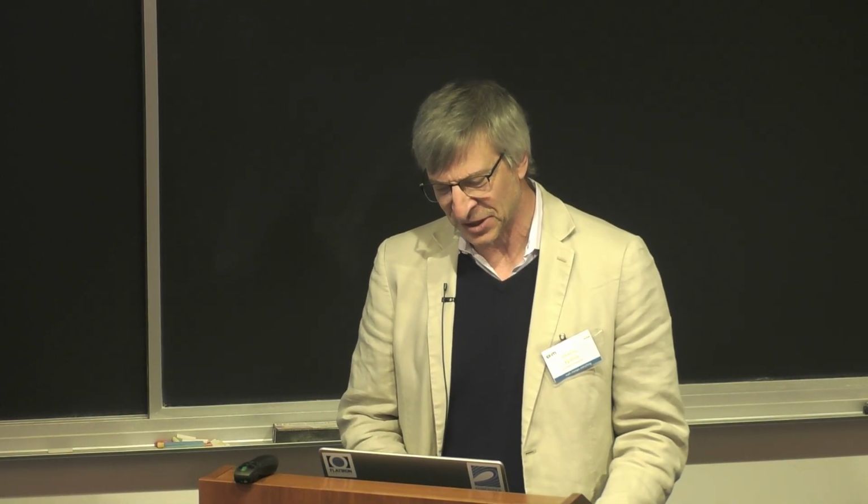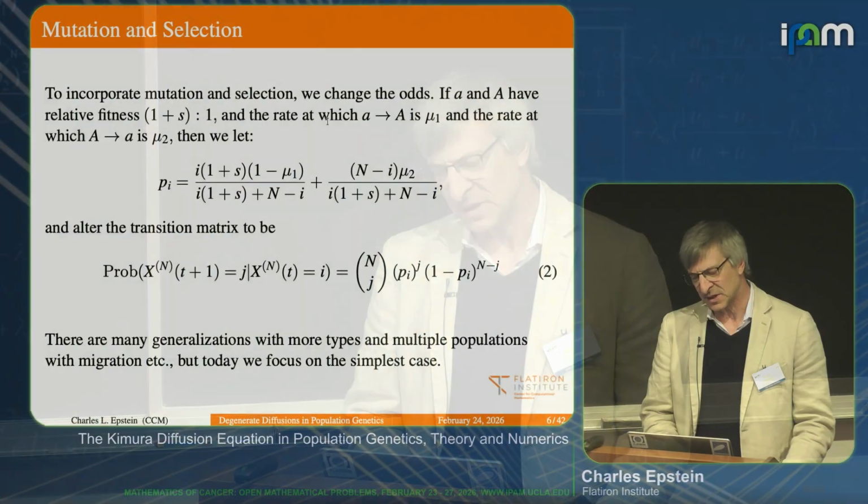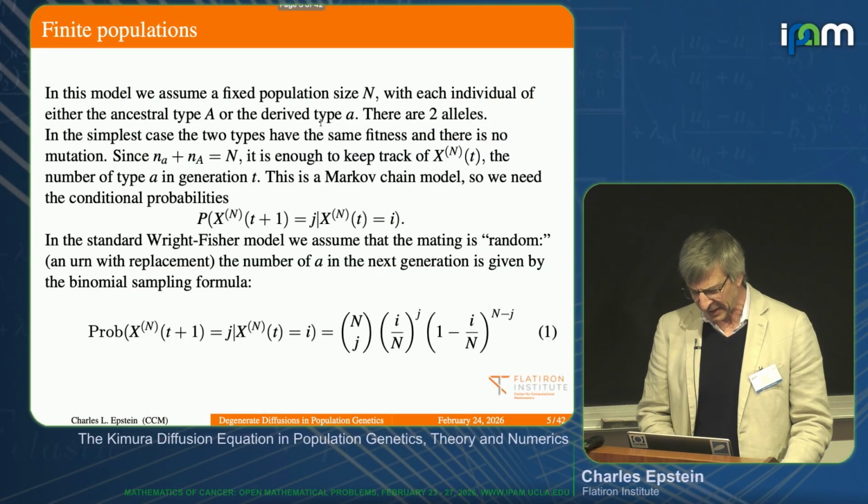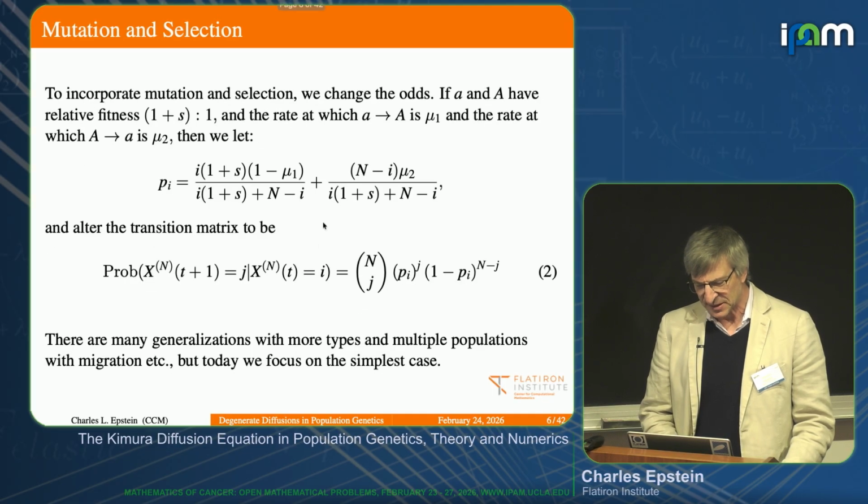Now suppose we'd like to incorporate some other effects, mutation and selection. The way we do this is we just change the odds. Back here, we just have the odds of one type versus another type, and we change those odds to allow for selection. So we'll say little type a has a selective advantage or a selective difference.